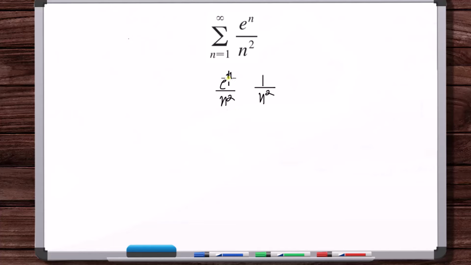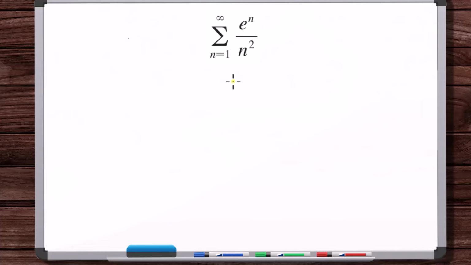Well, e to the n is always greater than 1 for all n, so this is greater than this. Now, this series is convergent. However, that doesn't help us here because these terms are greater than these terms. If these were less, then that would tell us that this is convergent. So that specific comparison test didn't work.